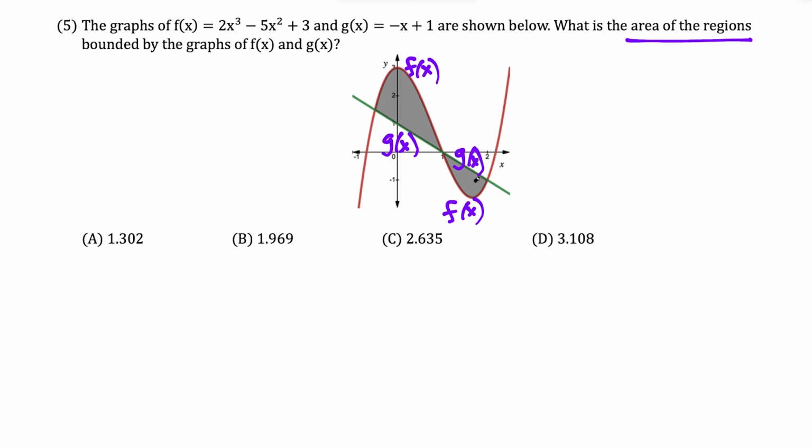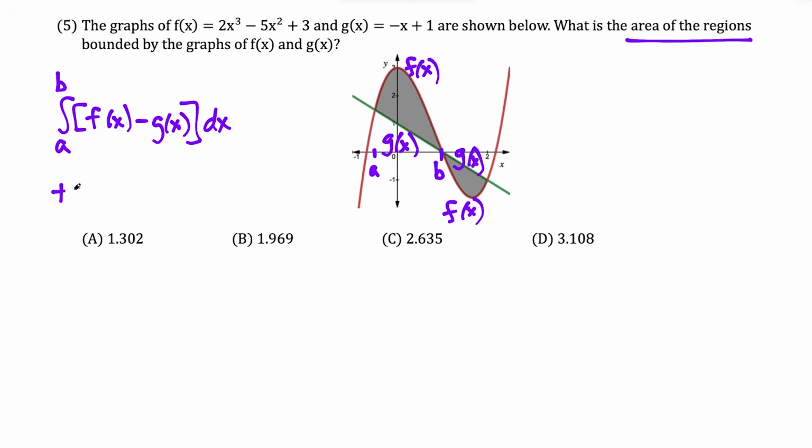Okay, so the long way to do this, and then I'll show you a cool shortcut, would be to find the area from A to B, the beginning and end of the first region. We would do the integral from A to B of the top function f of x minus g of x. That's the integral we would set up, and it would tell us the area of this first region.